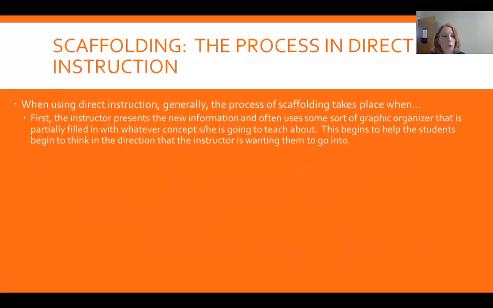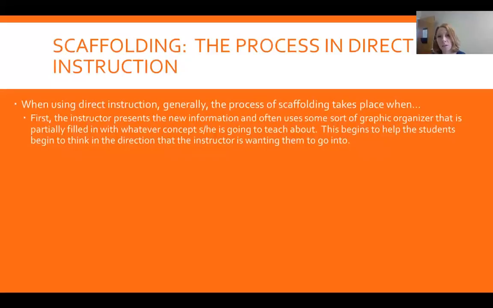So what does that look like in the direct instruction process? Well, remember when we talk about direct instruction, we're really talking about the teacher as the facilitator of the information. So really the teacher is the one who's mostly in charge or at the center of this type of lesson. So how does that look? Well, in a direct instruction model, generally the teacher is the one who presents the information first.